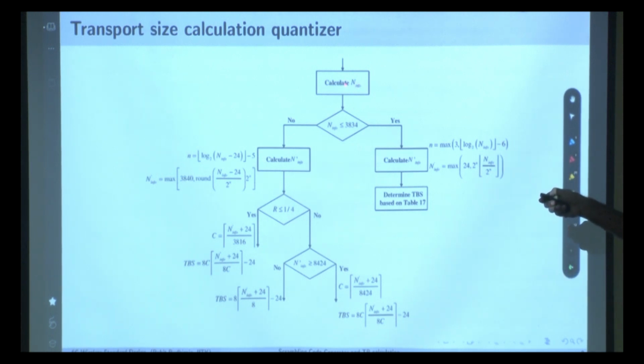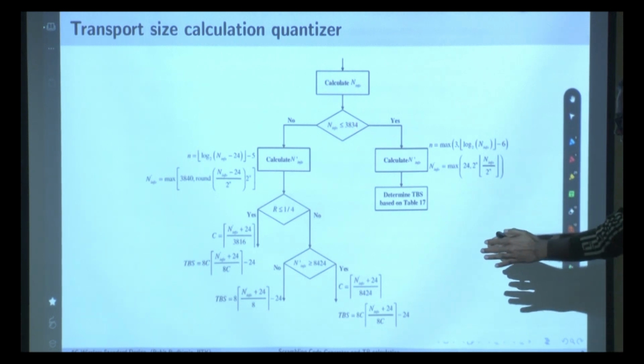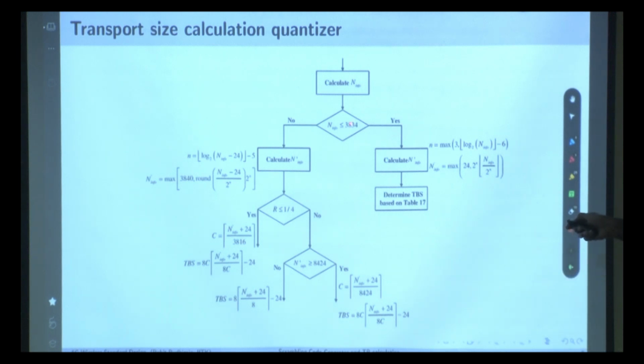So what are we showing here? This is the number of information bits which we just calculated, the intermediate number of information bits. If the information bit count is less than 3834, you follow this formula and quantize accordingly. And if the number of information bits is greater than 3834, you quantize accordingly.